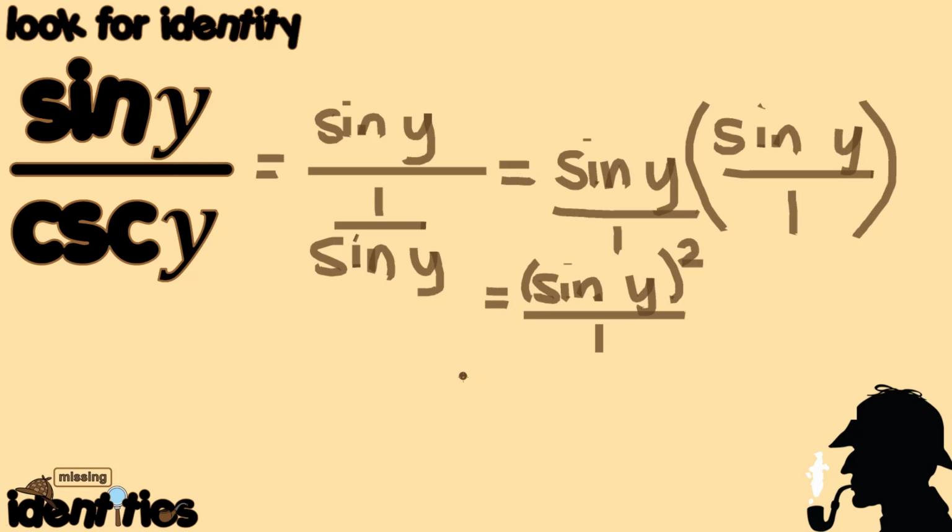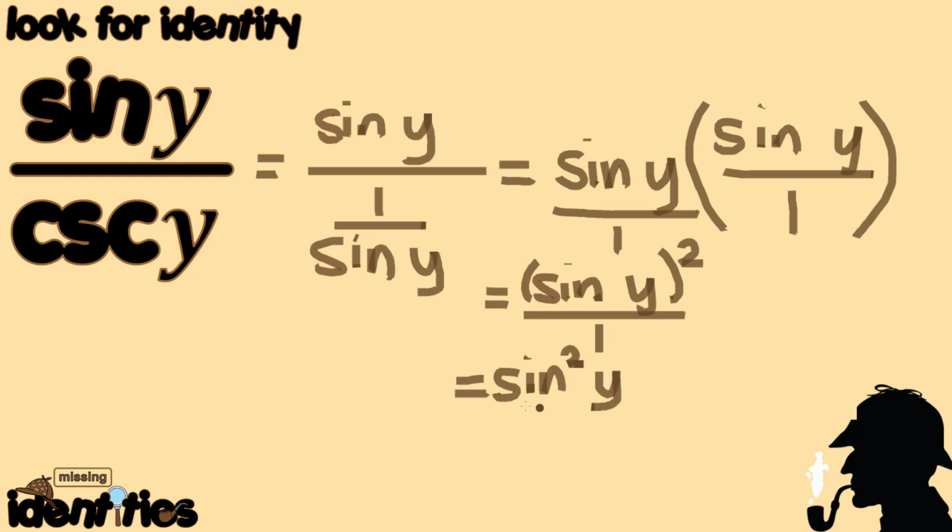But our numerator here can still be expressed in simpler form. Whenever you have a square of a trigonometric identity, you can do this. Instead of the square of sine y, you can write it like this. You place here the exponent, and you have here your angle. So this is sine squared of y.